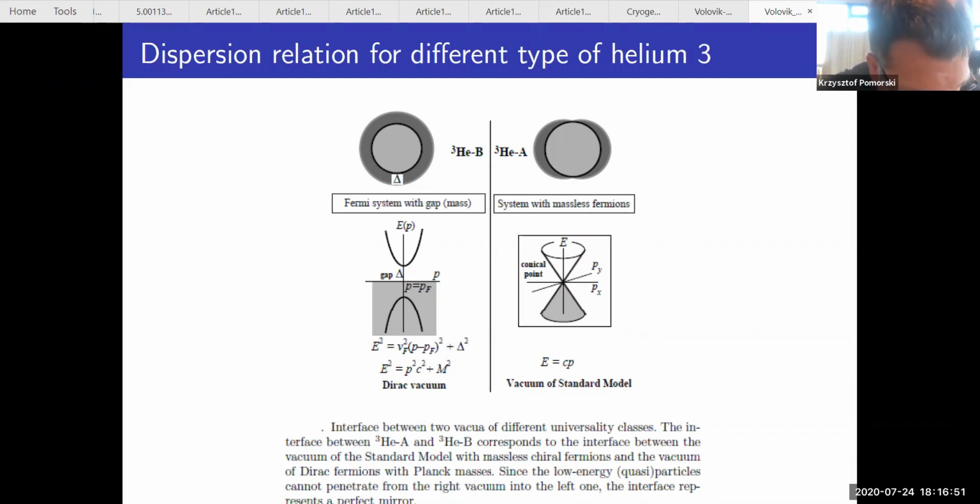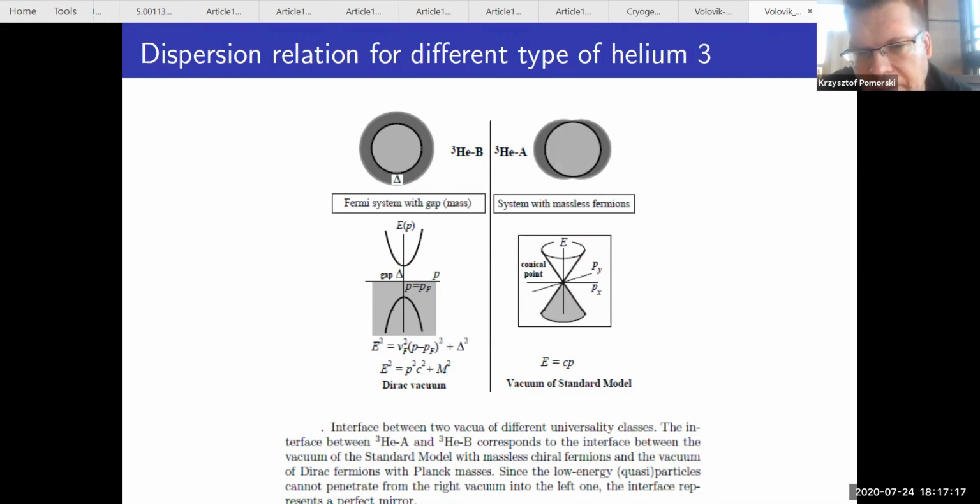So it doesn't depend on the direction in which we go. That's in helium-3B. And in helium-3A, we have an order parameter that is anisotropic. So there are some nodes at which the order parameter is kept 0.